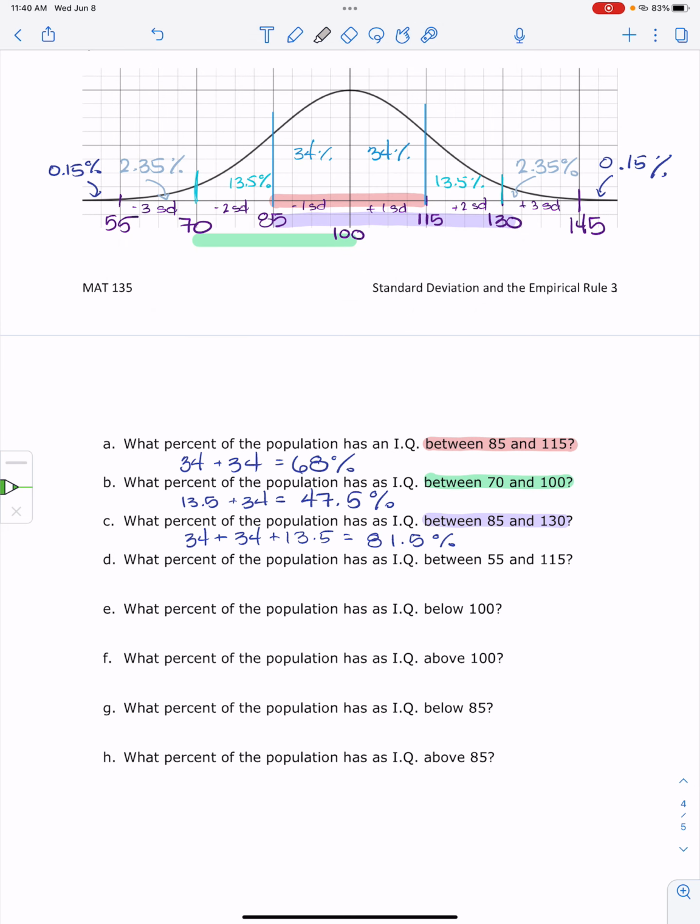See how long before I run out of colors. We got between 55 and 115. So here's my 55 to 115. 55 to 70 is 2.35%. 70 to 85 is 13.5%. 85 to 100 is 34. 100 to 115 is 34. When I add these together, I get 81.85%.